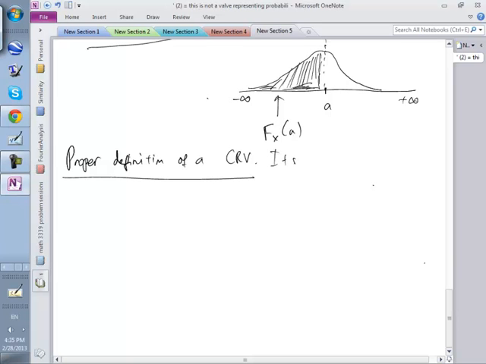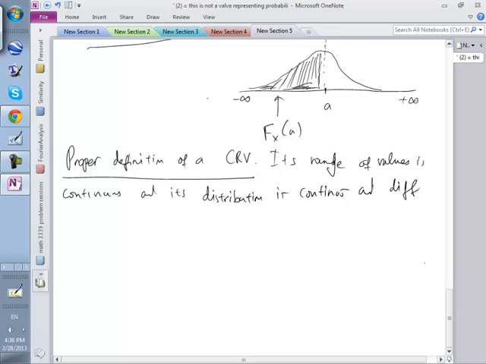Its range of values is continuous and its distribution function is continuous and differentiable.